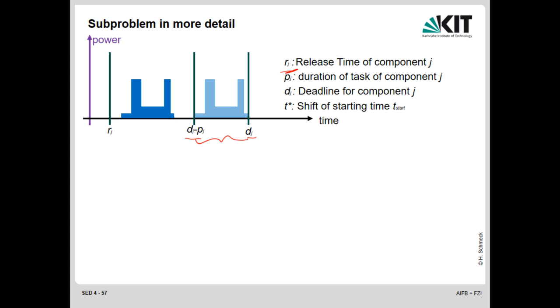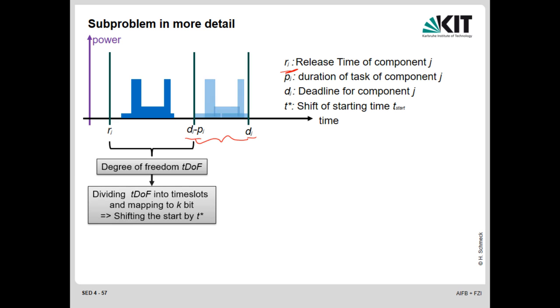Then we have a certain shift of starting time, which is the degree of freedom. And we will have a certain time at which we actually start, for example, there. This will be the time that is actually chosen based on all the information we have about the current situation in the house and in the energy system.